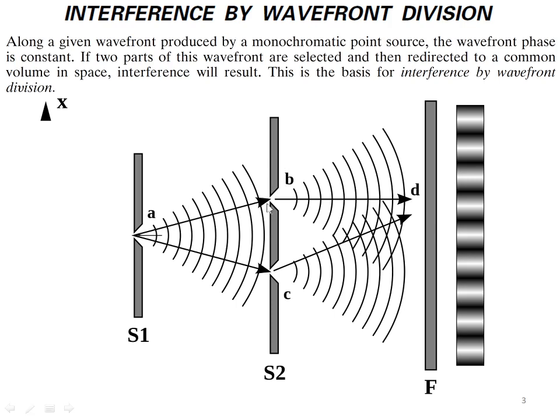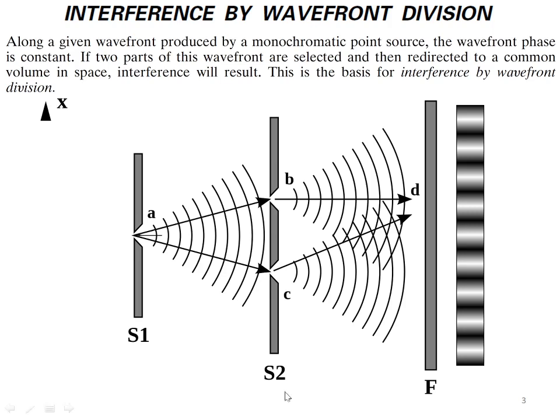Now if we place an arrangement of two slits in the path of this wavefront, what will happen? If the slits are very narrow, then only two single points will be allowing the light from this whole wavefront to travel further. Light from other portions of the wavefront will be blocked by the slits.